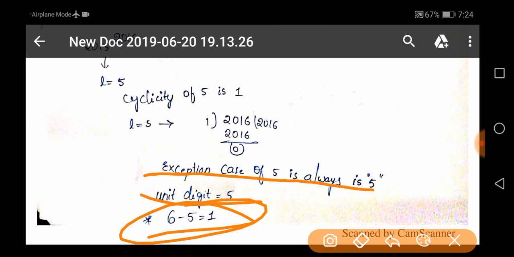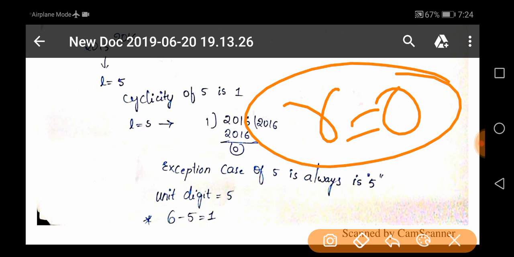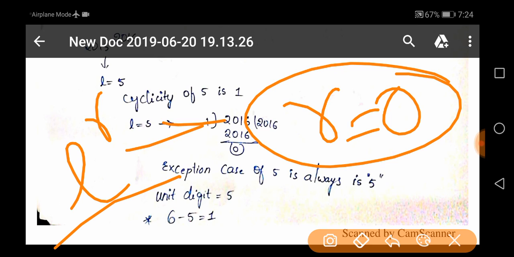That is the answer. This is how you will solve the different problems. Remember, when the remainder is 0, the cases will be different, or else you can directly do L power R, get the power, and note down the last digit. Whenever you get a remainder 0, then this case follows.